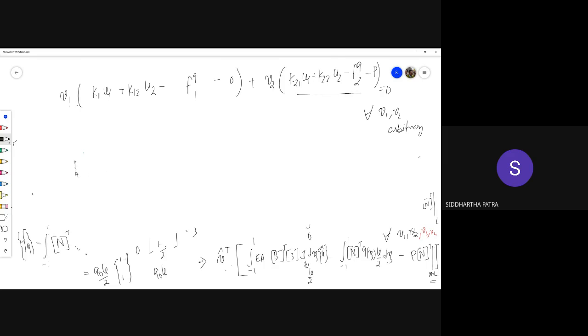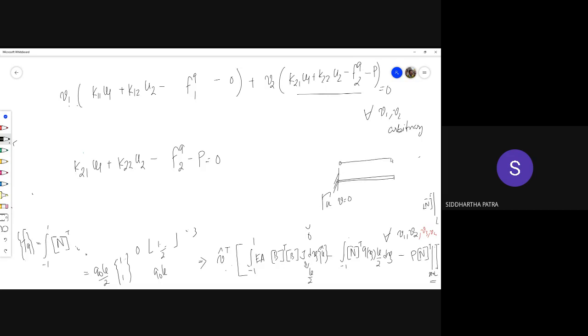So I'm just writing this expression first. V2 is arbitrary, so I can write K21 U1 plus K22 U2 minus (F Q2 minus P) equals 0. Okay. But if you really think about the original problem, up to this it is only general. If you think about what happened to the original problem, this one was gamma U. So V was 0.